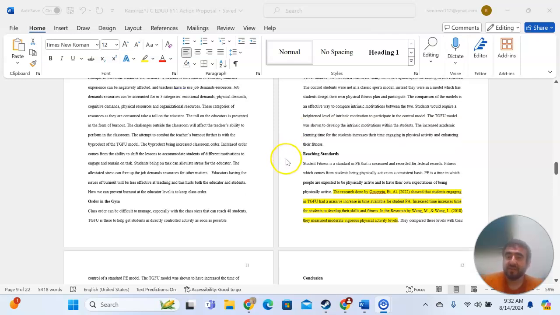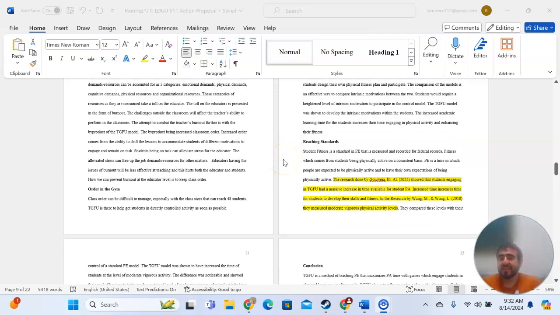For reaching standards, the work of Gouveia is best in explaining how students are not just participating. For instance, if they were in a playing game and they were just walking and not taking it too seriously, that happens, right? That's not going to get them to what we consider moderate to vigorous activity.